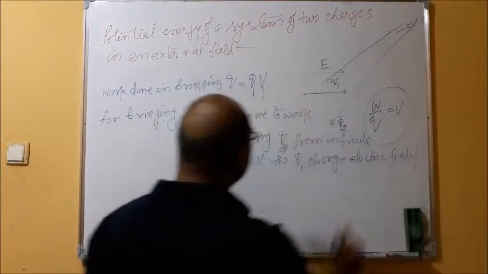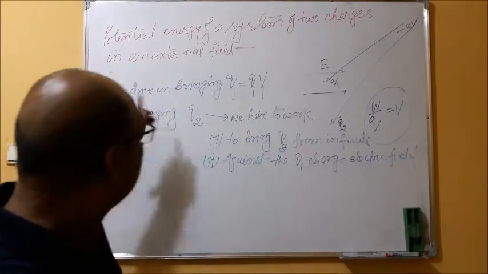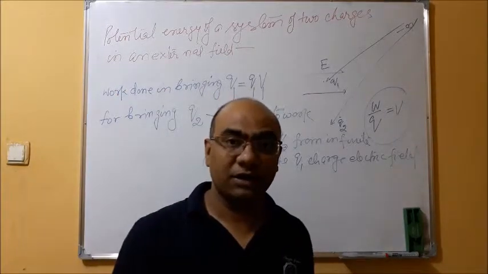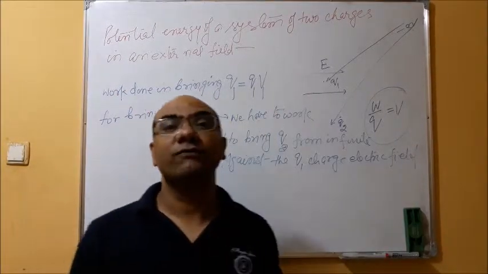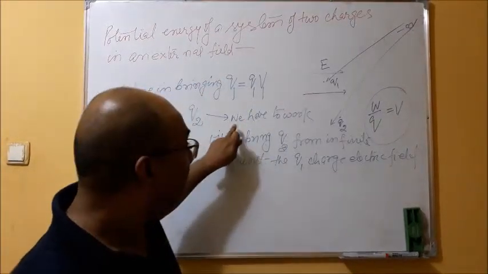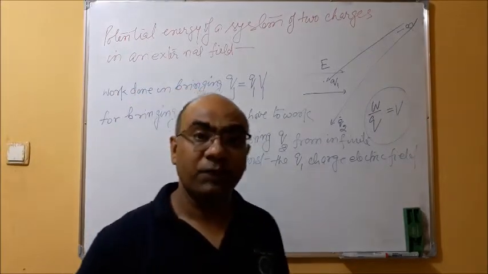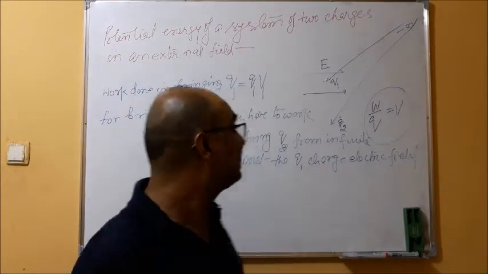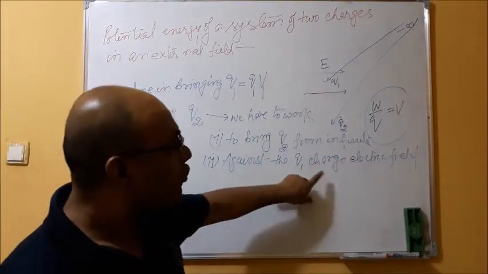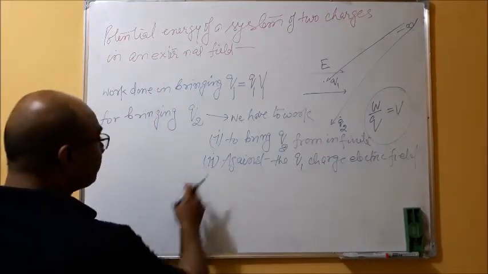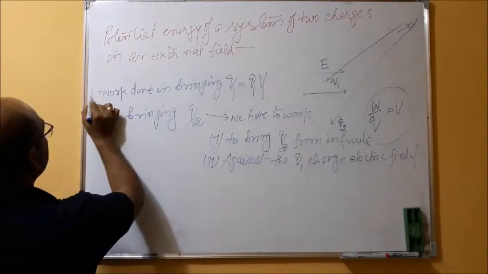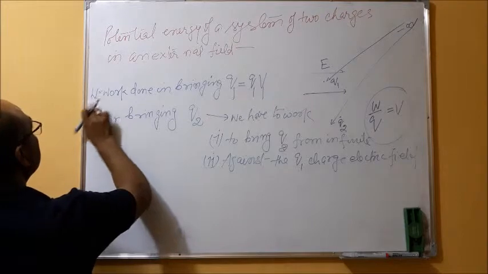For bringing Q1, there is only one external electric field, so we have to work against the external electric field. But when we are bringing Q2, we have to work against two different fields: one produced by the external electric field to bring Q2 from infinity, and second against the Q1 charge electric field.